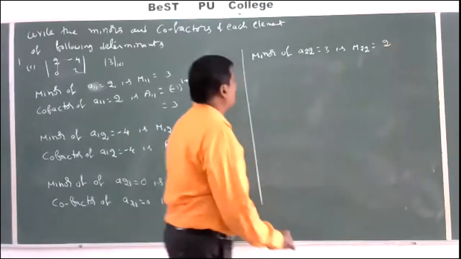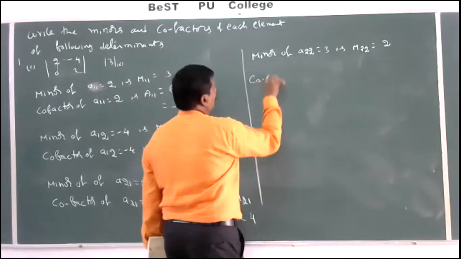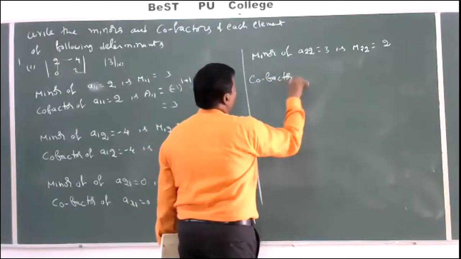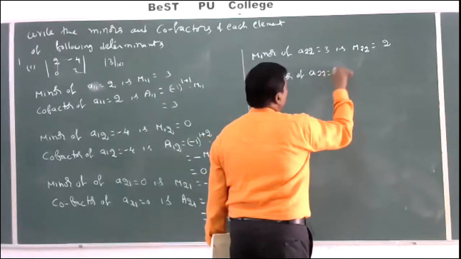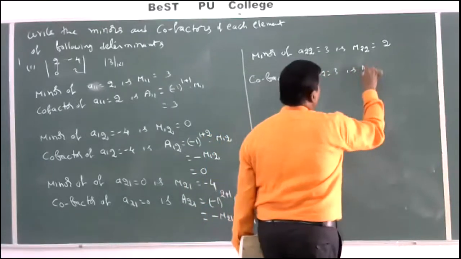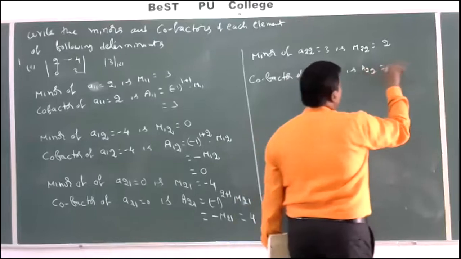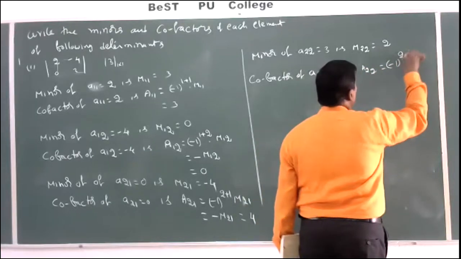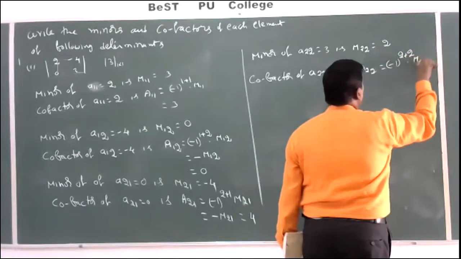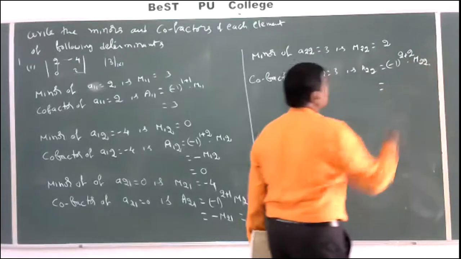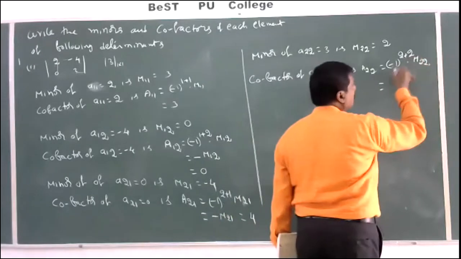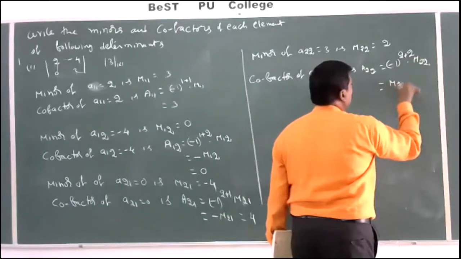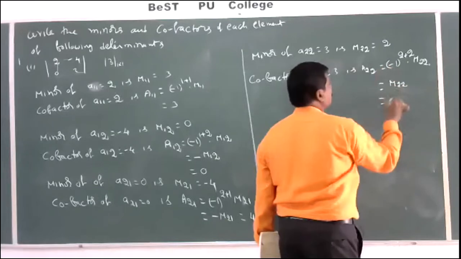Next, the cofactor of A22 equal to 3 is capital A22. This is equal to (-1) to the power of 2 plus 2 into M22. Here (-1) to the power of 2 plus 2 means (-1) to the power of 4, which is 1. It is M22. Here M22 means 2.